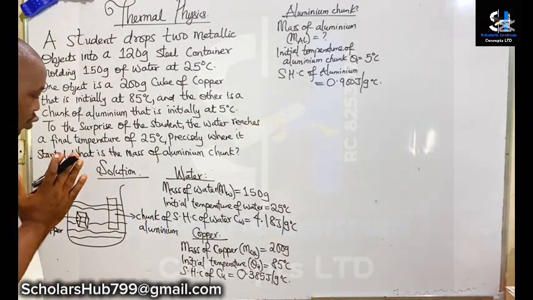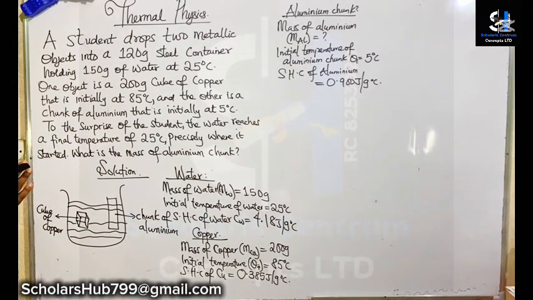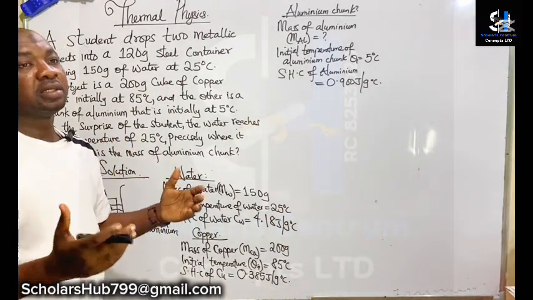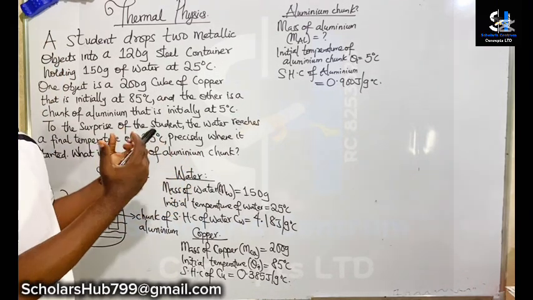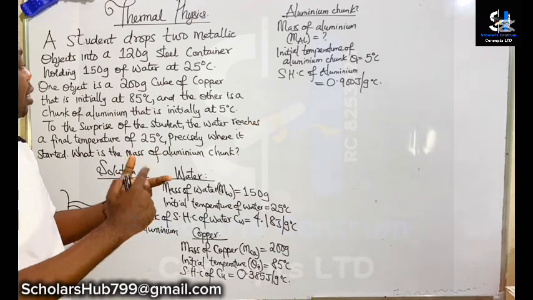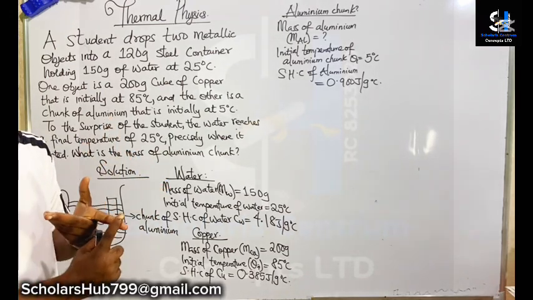Fine. So now we want to calculate the mass of the aluminium chunk. First thing first, like I said, the system consists of water, copper, and a chunk of aluminium.